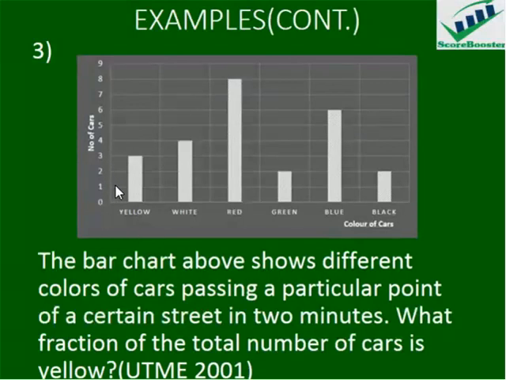The reason why we are adding is that these cars with these colors pass separately, but we grouped them into different colors. We saw 3 yellow cars that passed. We saw 4 white cars that passed. They pass differently. So for us to know the total number, we have to add the height of these bars, which is equal to their frequency.